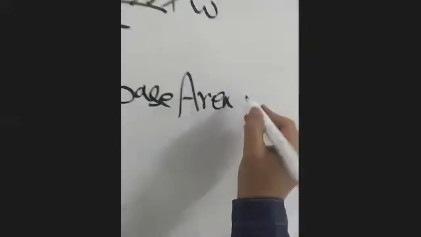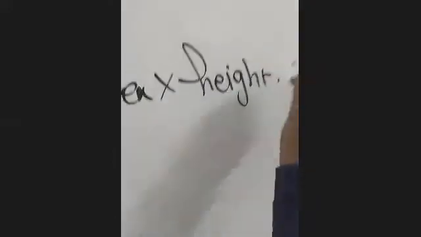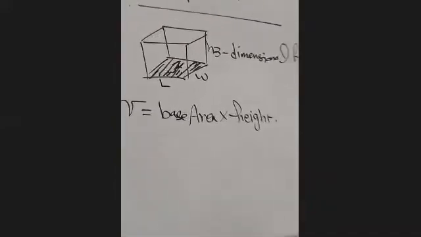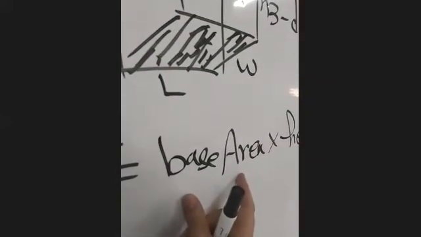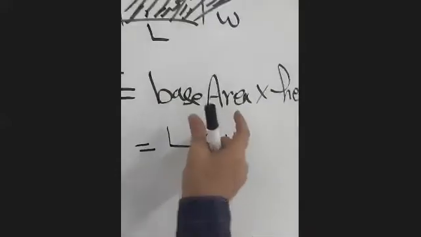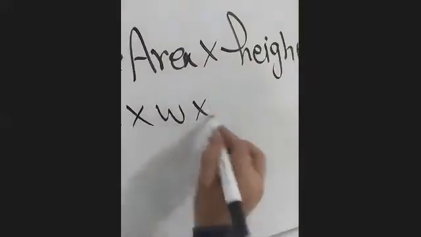Base area multiply the height of the prism itself. So if the base is rectangle, what's the base area? The area of the rectangle means length multiply width. Length multiply width is the base area. Multiply the height, I will call it h.